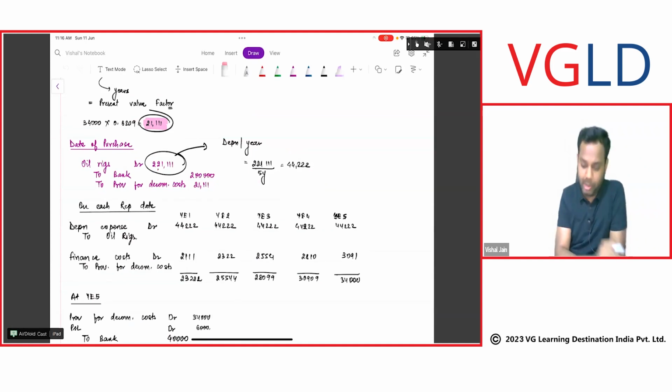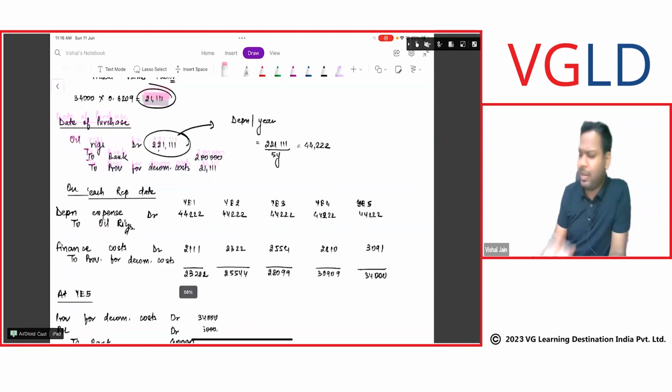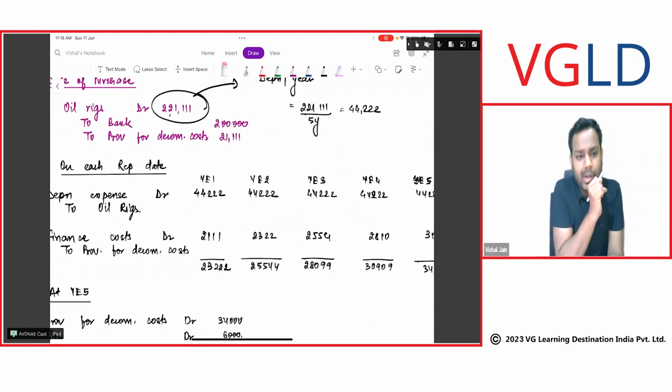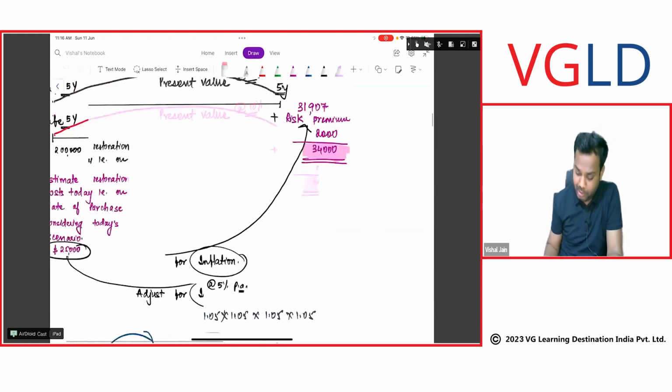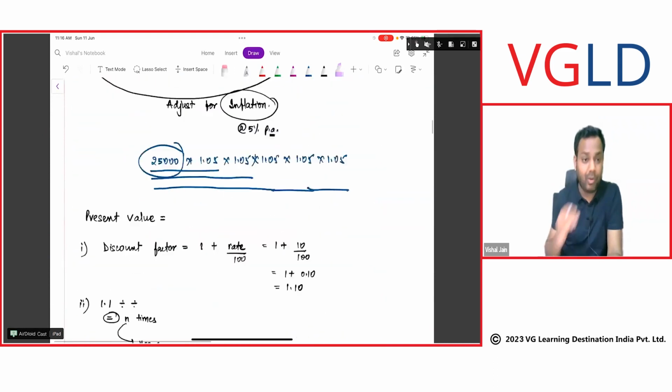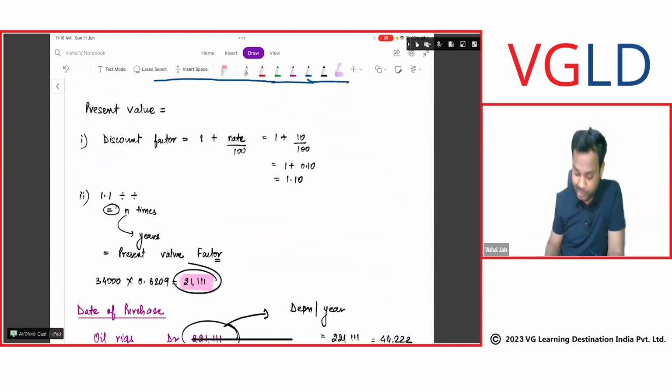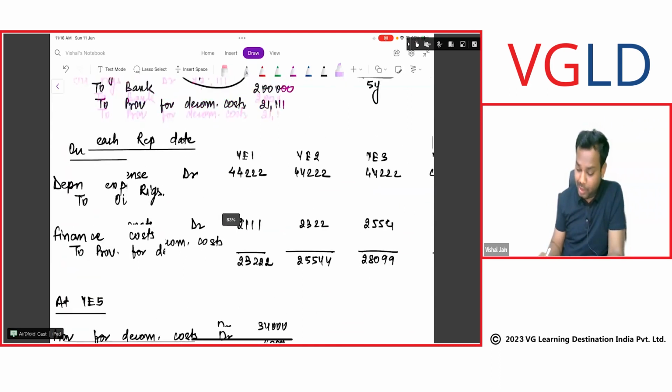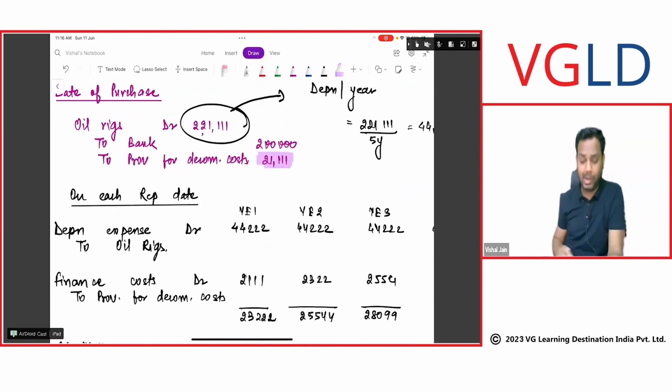How did you get 2,111? Fine. Tell me what the discount rate was, Harshita. The discount rate was 10%, right? So when you unwind, you will unwind also at 10%. So what was the value? 2,111, right? So what is 10% of this?